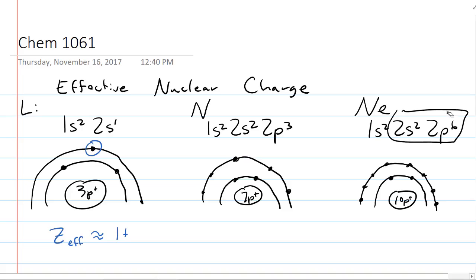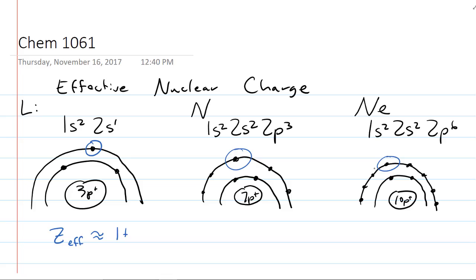So now if we want to approximate the effective nuclear charge, remember the effective nuclear charge is the nuclear charge experienced by a valence electron. It doesn't matter which one we pick, just pick a valence electron. And if we look at a valence electron right here, the nuclear charge it sees is going to be canceled out by how many inner level electrons? Just 2. And a valence electron here is going to be canceled out by how many inner level electrons?